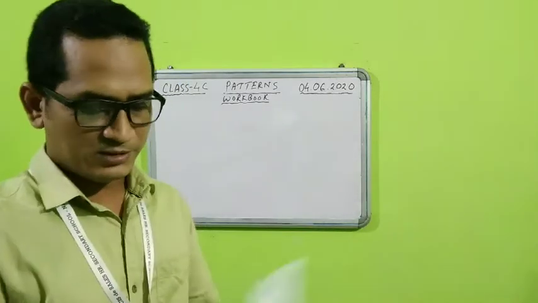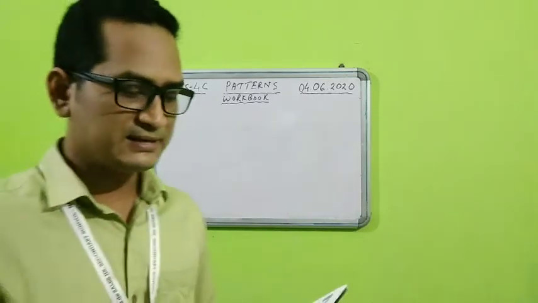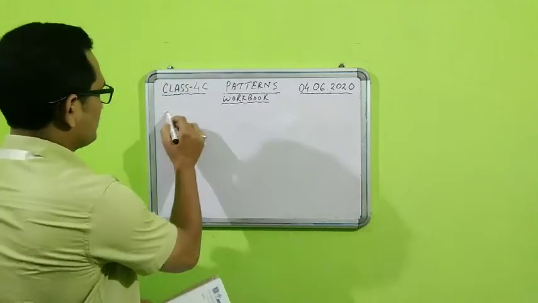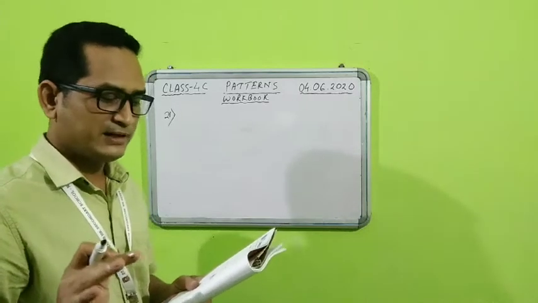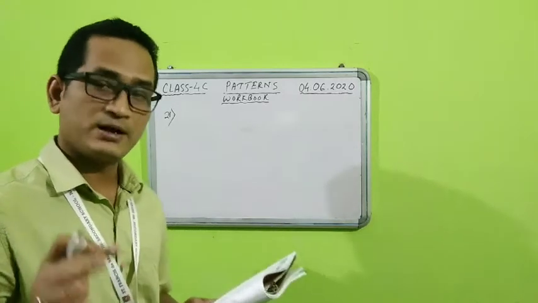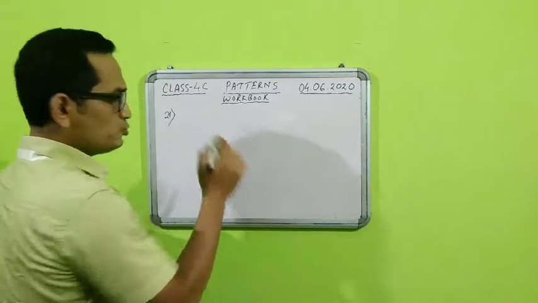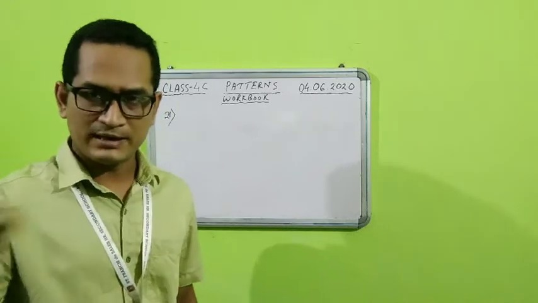Now if you turn to page number 16, question number 21, this is I Explore HOTS. Question number 21: draw two letters of the English alphabet that have a horizontal line of symmetry. So students, we have to draw two alphabets which will have a horizontal line of symmetry.